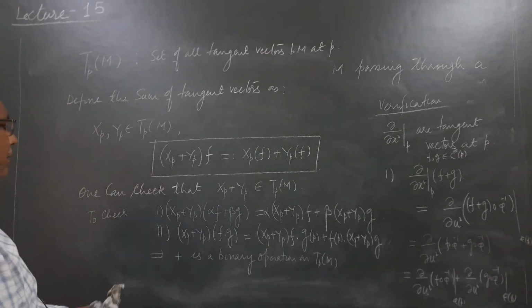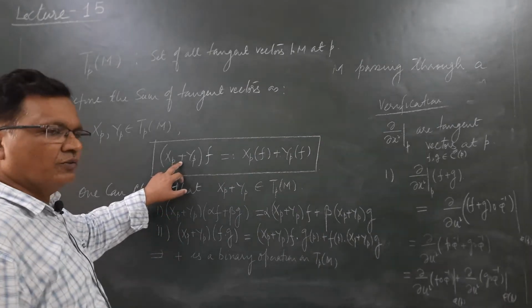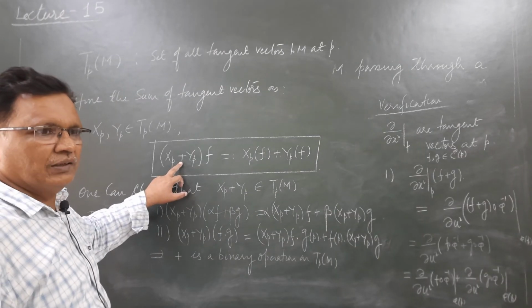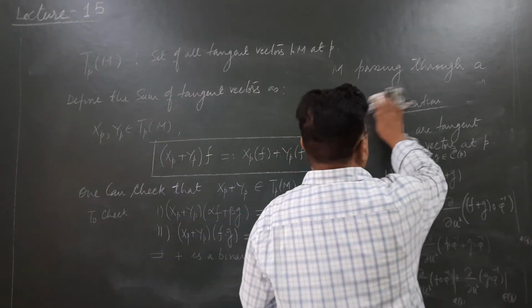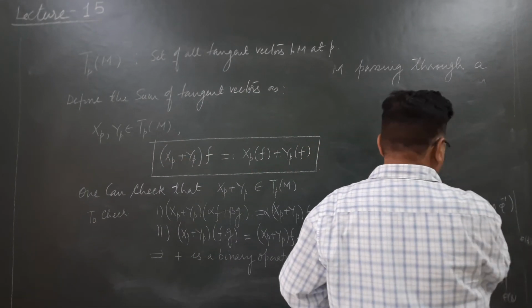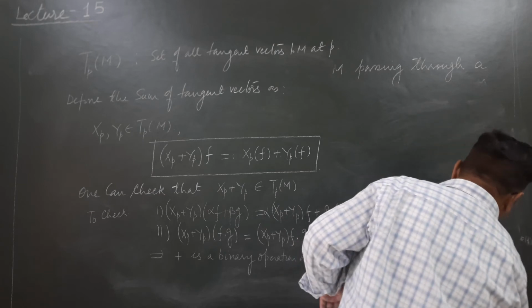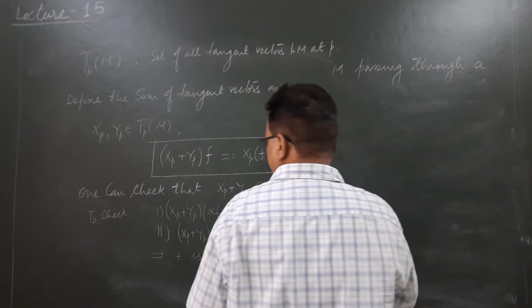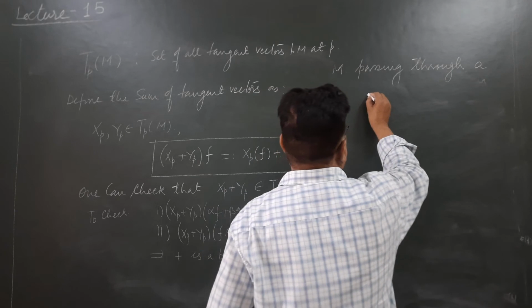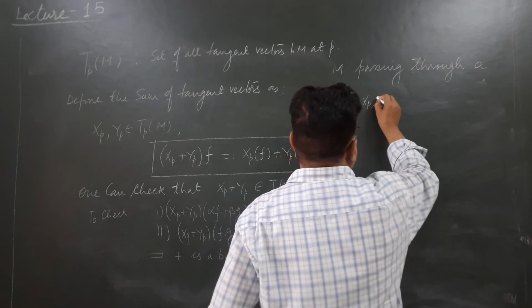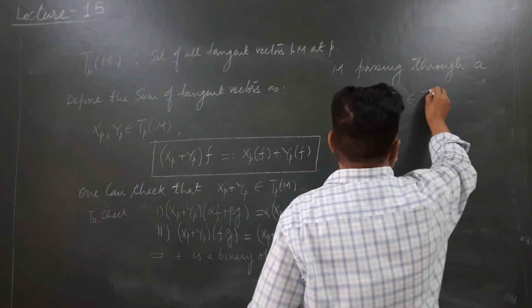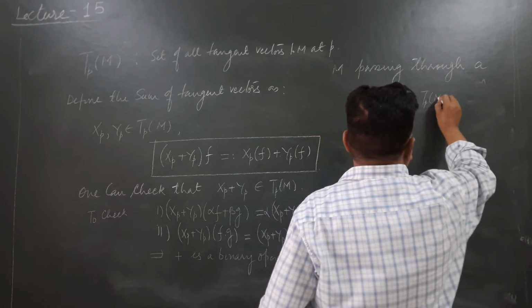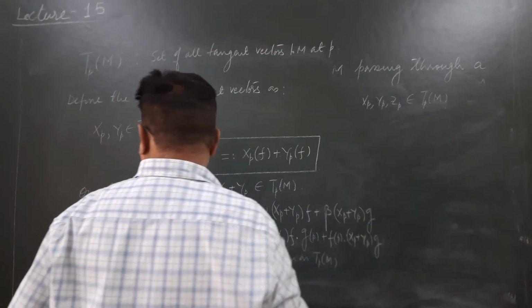ओके, अब इसको मैं एडिशन कह रहा हूँ तो इसके अंदर सारी एबिलियन ग्रुप वाली प्रॉपर्टी होनी चाहिए. अब नेक्स्ट अगला नंबर क्या होगा आपका? Associativity. Now you pick three tangent vectors XP, YP, ZP in TPM. That was the first step.